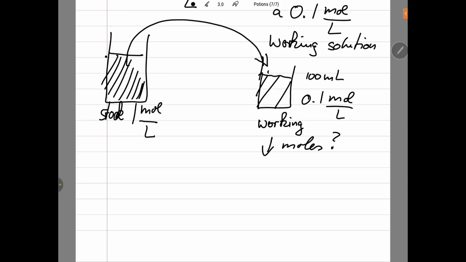Can we calculate that? And we do dimensional analysis. How cool is that, huh? So we say, what is the unit that we are looking for? Moles.